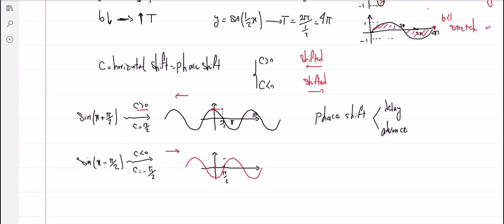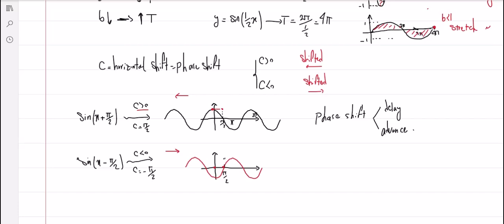If the initial starting point of the function starts earlier than the usual time, it means that the function is advanced. And also, if the wave starts later than its usual, it means that the function is delayed. Now let's look at which one of these are delayed and which one of them is advanced.